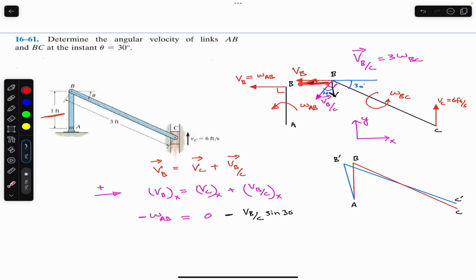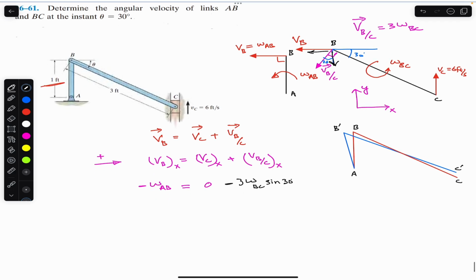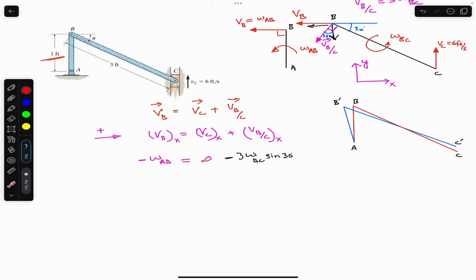This horizontal component is the sine component. This is the cos, so this is the sine. And now we know that this velocity of B relative to C is equal to 3 omega BC. So let me write that this is 3 omega BC.